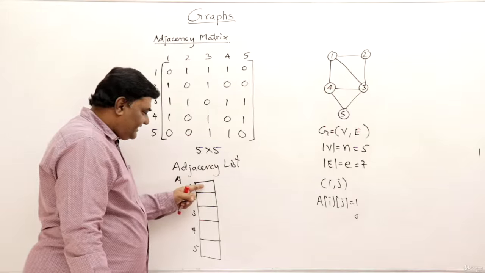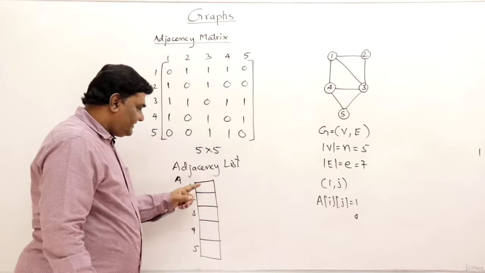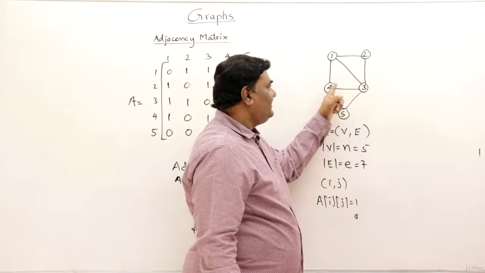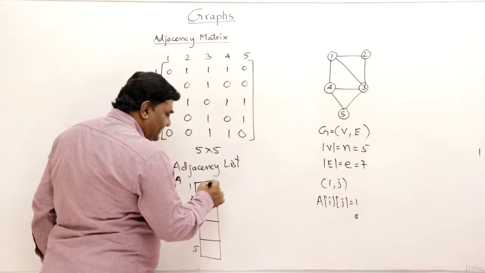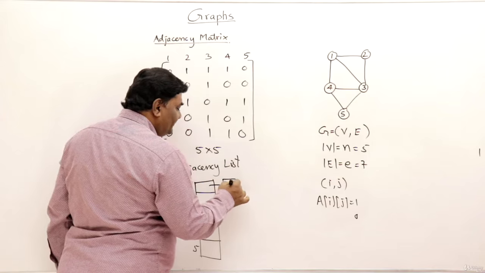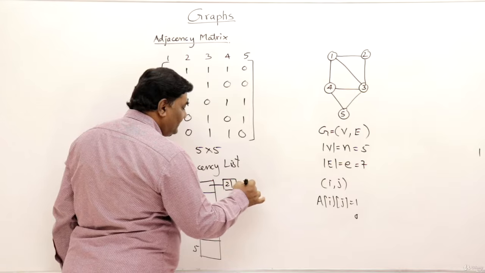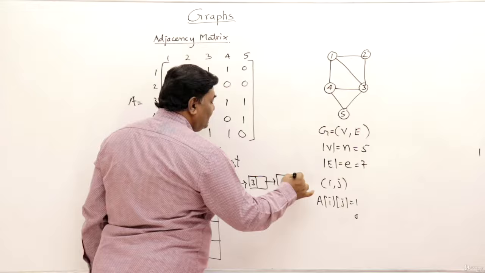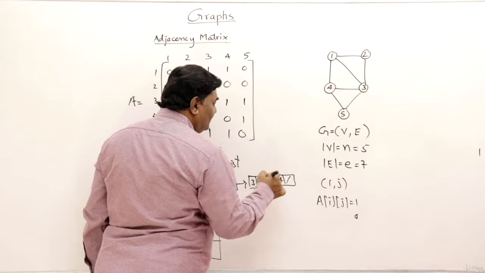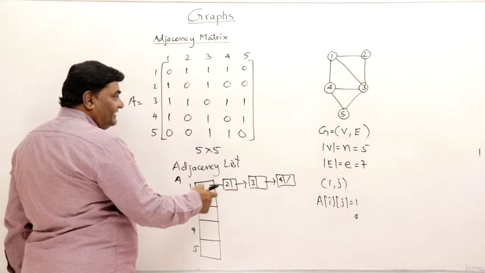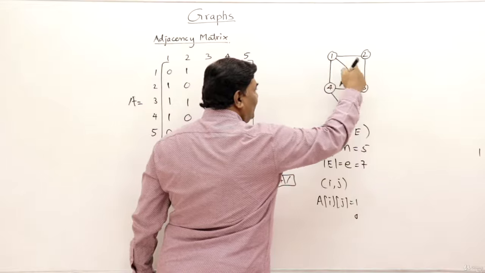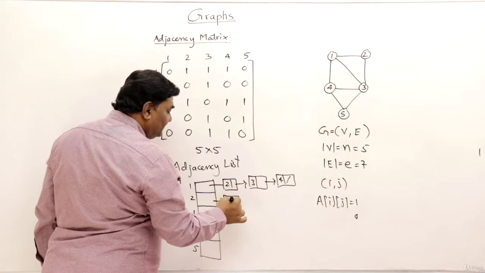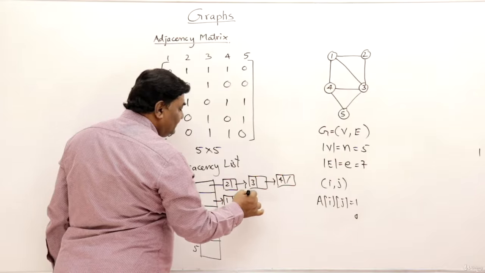For example, if I take vertex 1, the vertices connected to it are 2, 3 and 4. So here we will draw a linked list with nodes representing 2, 3 and 4. This is null. Now similarly, who are connected to 2? 1 and 3. So I should have the list of nodes showing 1 and 3.